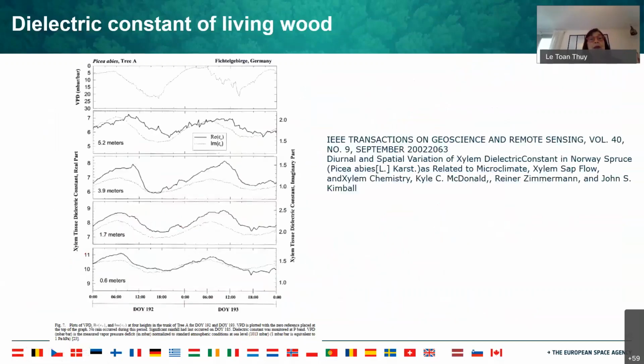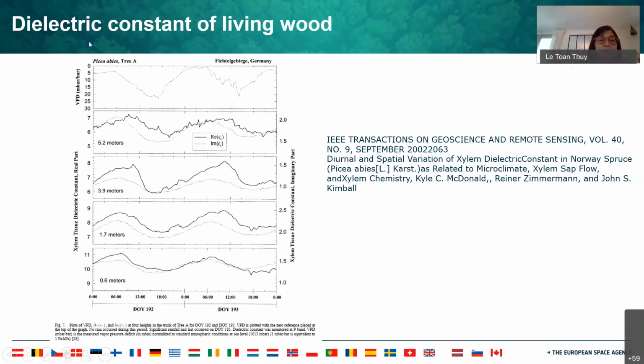And here, the dielectric constant of living wood. The previous example showed the measurement in the laboratory with samples of wood that people cut, dry, and add water to. Here is the measurement on trees that Clément did some time ago, and now we are doing that in French Guiana.